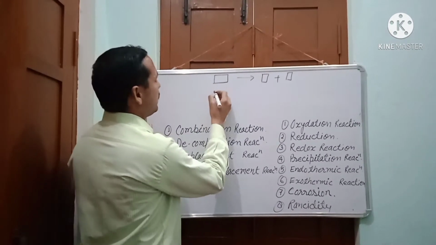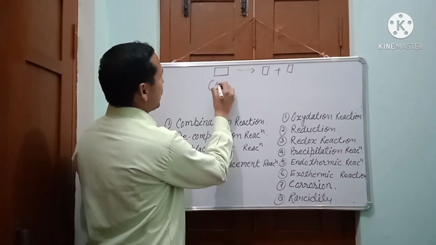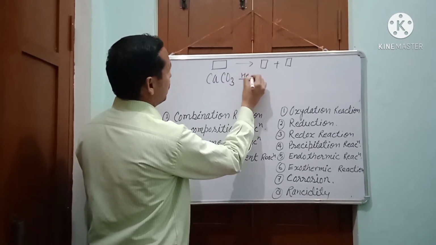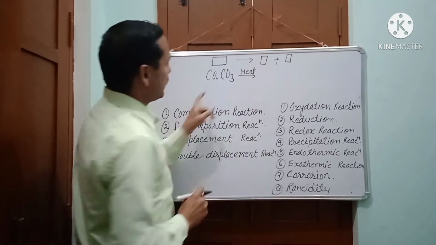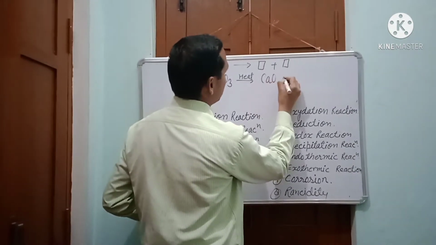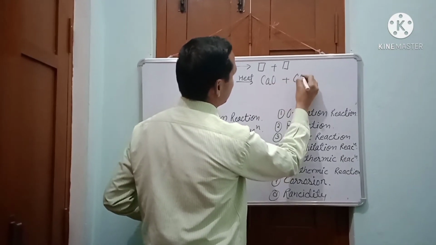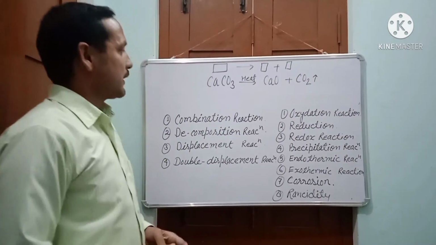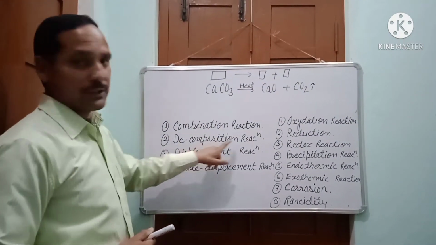We can take an example. When calcium carbonate is heated, it decomposes into calcium oxide plus carbon dioxide. Such type of reactions are called decomposition reactions.